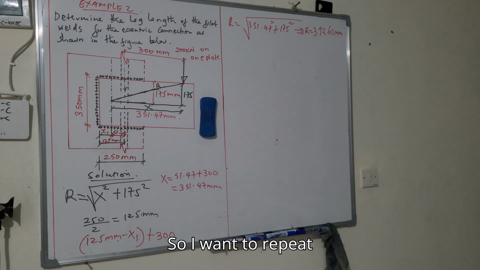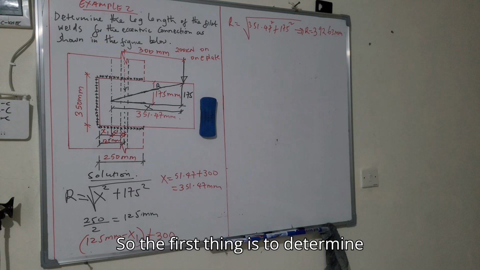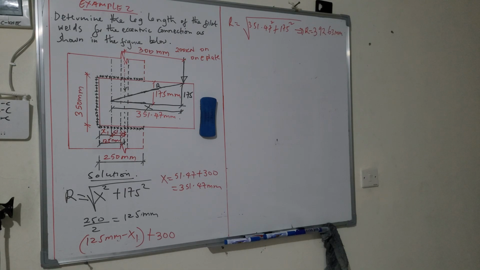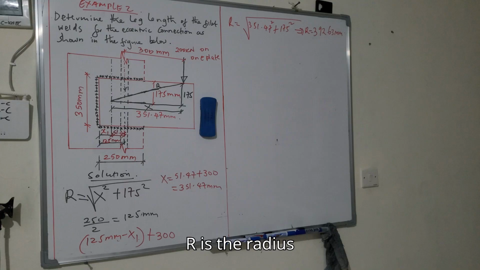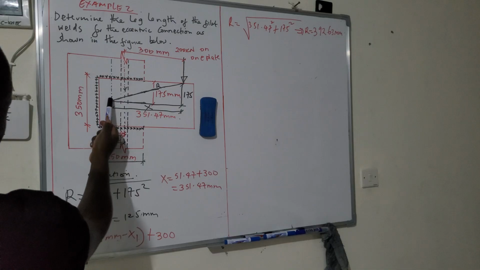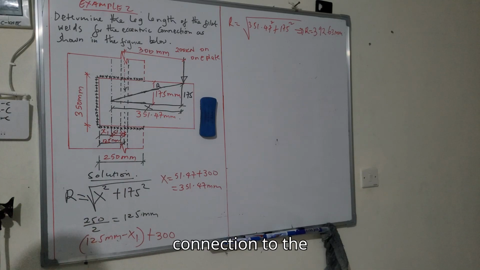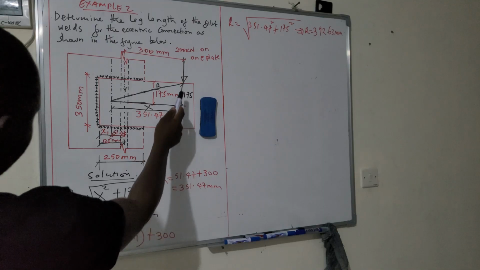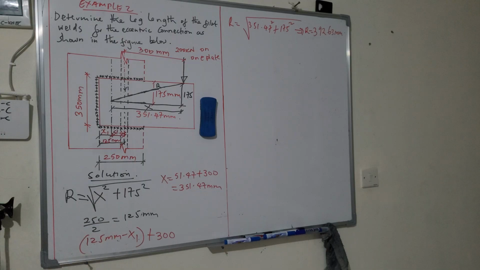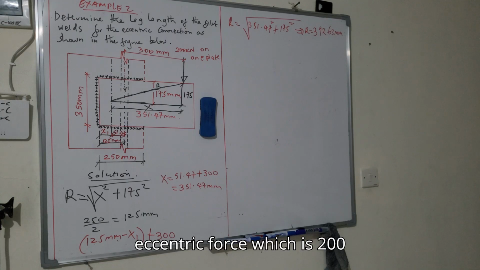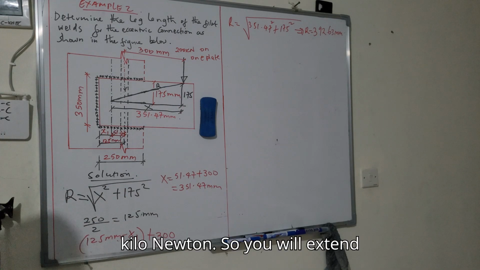So I want to repeat what I have just done. So the first thing is to determine this length R, and R is the radius from the center of this connection to the farthest point, which is where our force is acting, the eccentric force, which is 200 kilonewton.